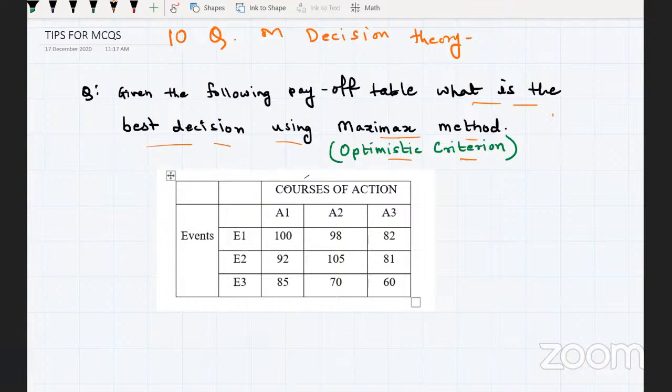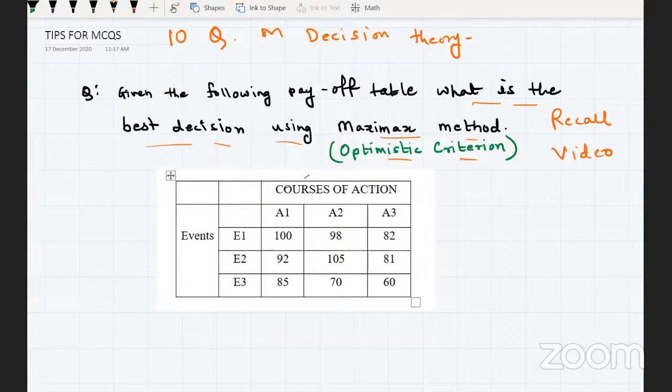Please recall, there was a video on this method in which I solved one example using all three methods, Maximax, Maximin, and Laplace. All the three methods were shown in that video. So the method is not new to you. But now it is an MCQ type question paper, so only one method will be asked.